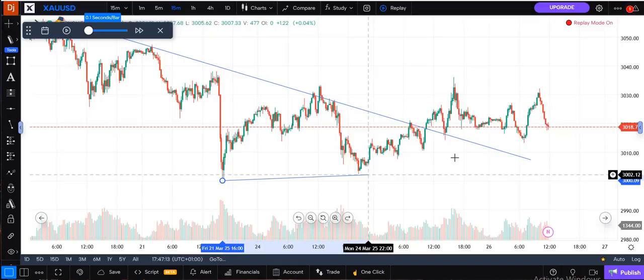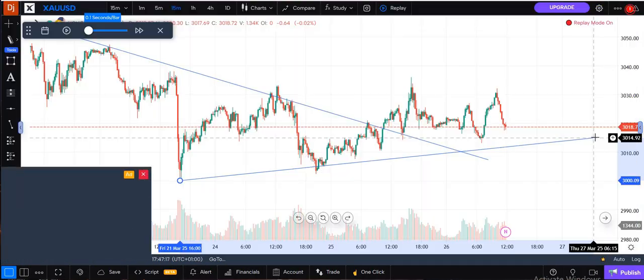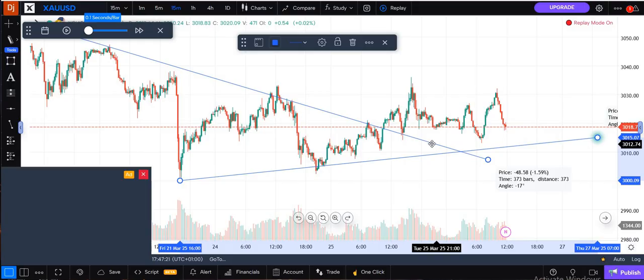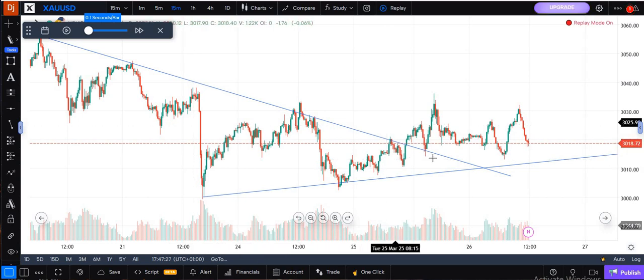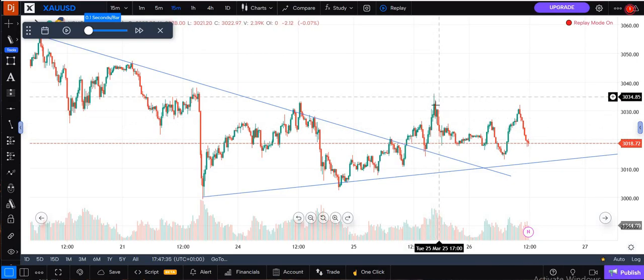Once we have this, the next thing to do is to draw a trend line on the bottom again. And from this chart, what else do we notice? We notice that the retest happened here. However, the market didn't move up immediately.